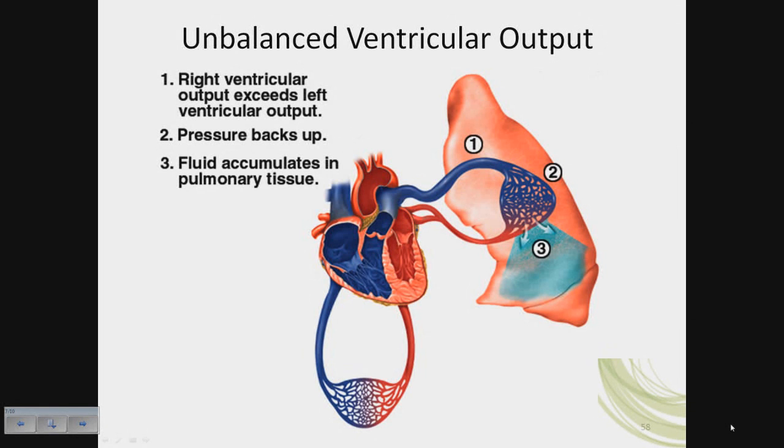So obviously, as blood is going through the pulmonary capillary beds, or not in this case, we're not going to get adequate loading of oxygen, and the person is most certainly going to be cyanotic.